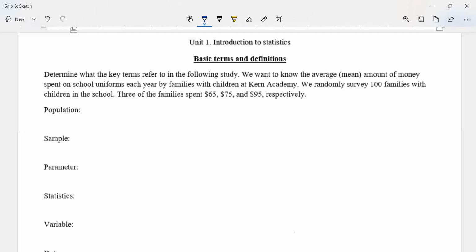Now parameter, right? When you guys read your notes, I'm gonna read the definition from our notes. Parameter, it says a number that is used to represent a population characteristic that generally cannot be determined easily. Now, what this parameter really means is the characteristics of the people that we're studying, okay?